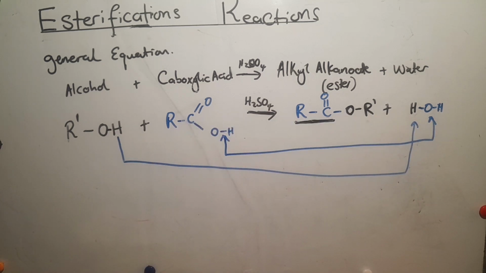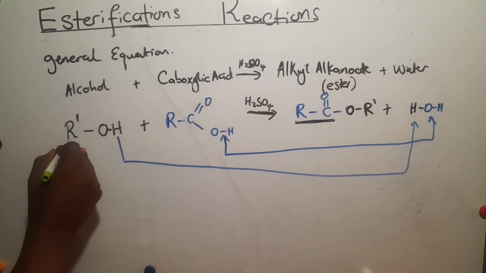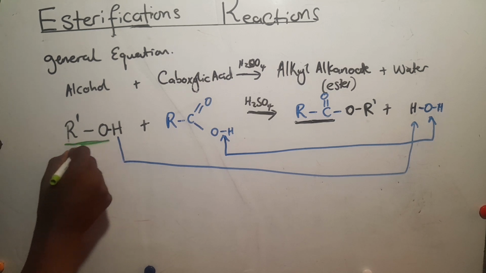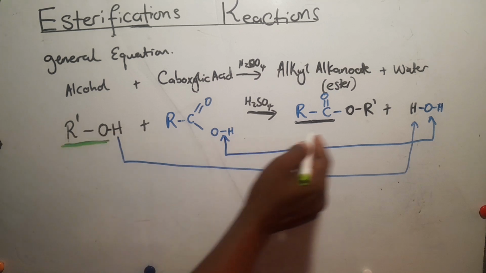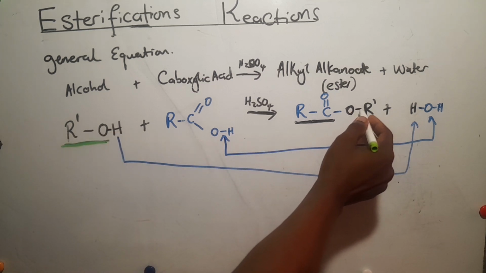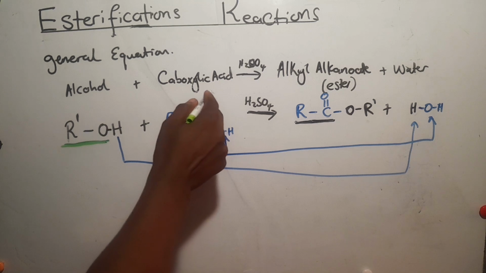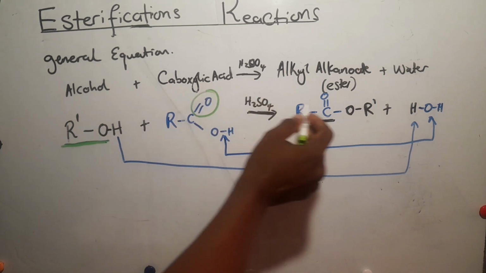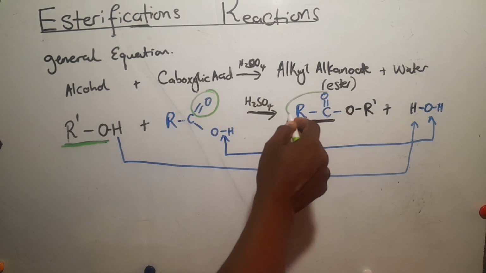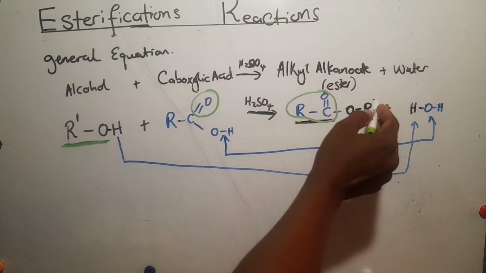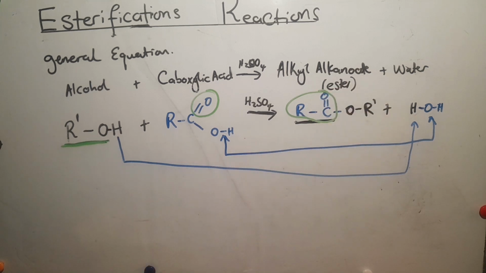So it means that this alcohol will keep its O, but its O with a single bond. Can you see that? It will keep its O with a single bond. And this carboxylic acid will keep the double bond O. Can you see that? So this is coming from the carboxylic acid and this is coming from the alcohol.